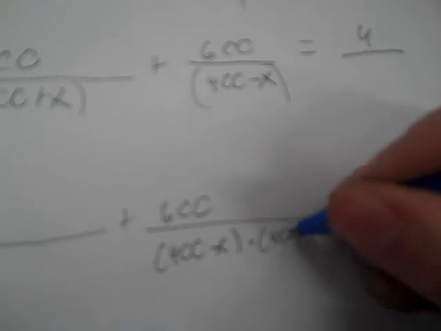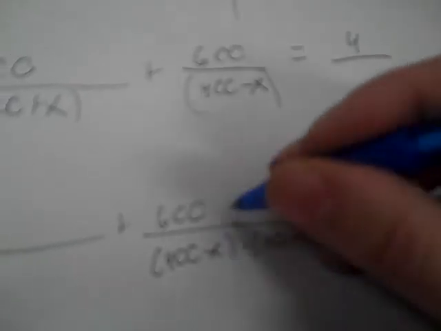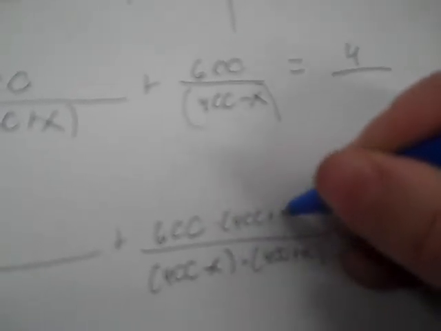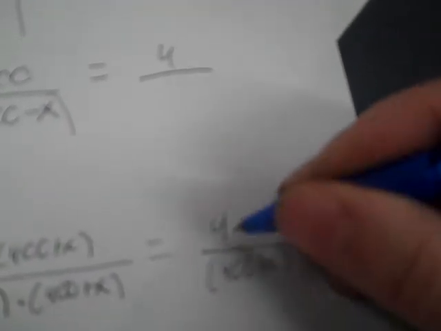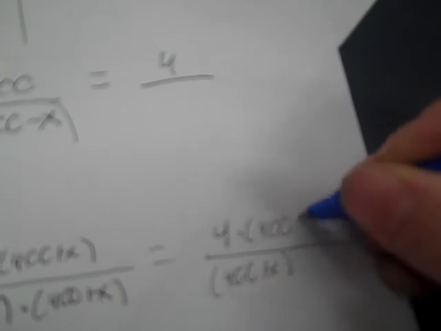So LCD, only thing I have to worry about is 400 plus x and 400 minus x. So times 400 plus x, and then 400 plus x, and then I do need to remember to multiply the 4 times that, even though I will not actually be multiplying.